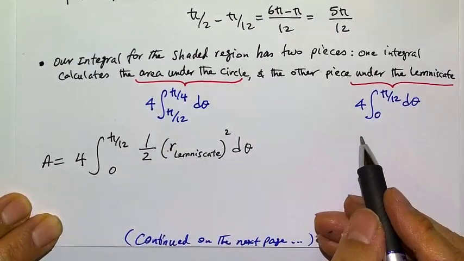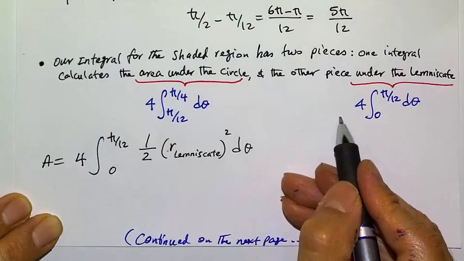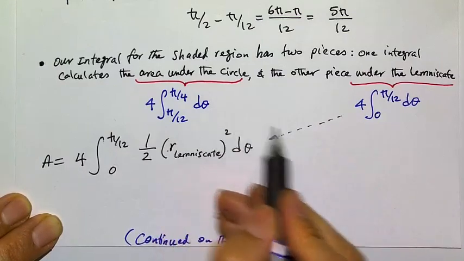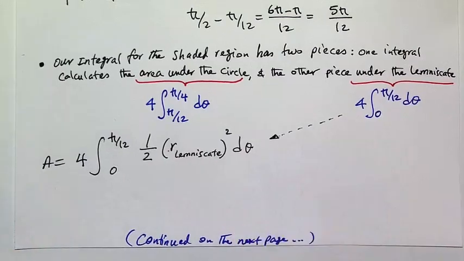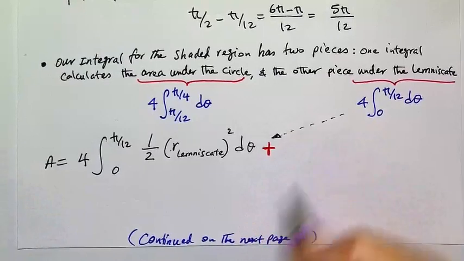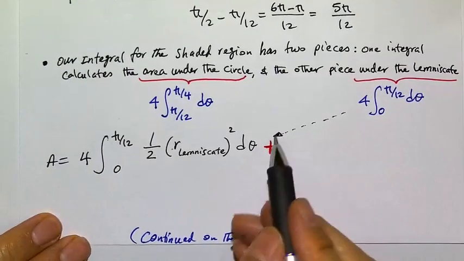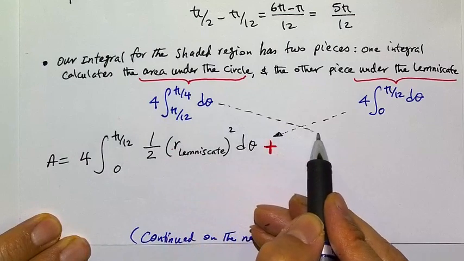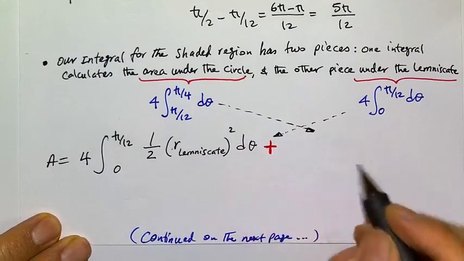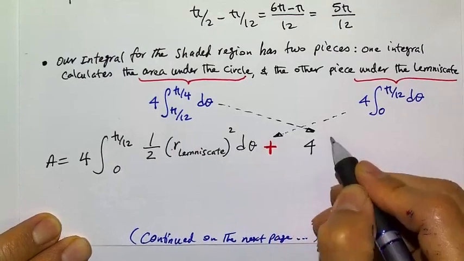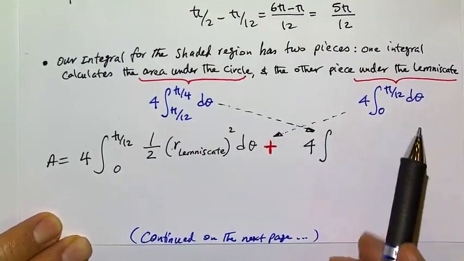and then so this is that, and this is plus. So let me write this with red, so this is the important part, and then add it to this one, plus 4 times the integral for the circle.